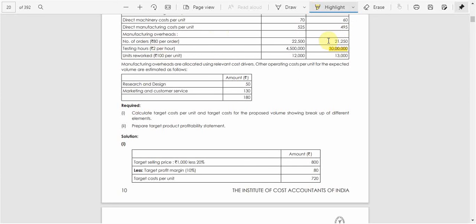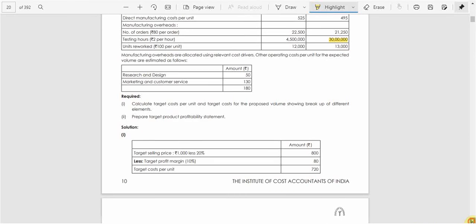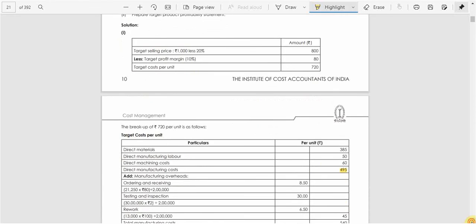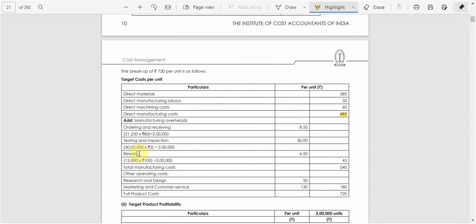So the testing cost will be 30 lakhs into 2, that is 60 lakhs. 60 lakhs divided by the number of units, 2 lakhs, which comes to 30 per unit. That is for testing and inspection.